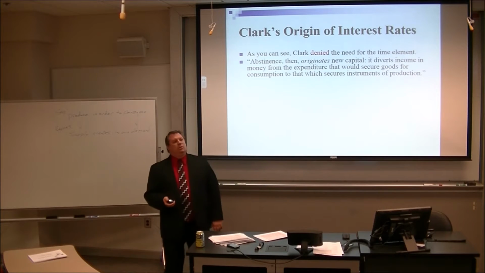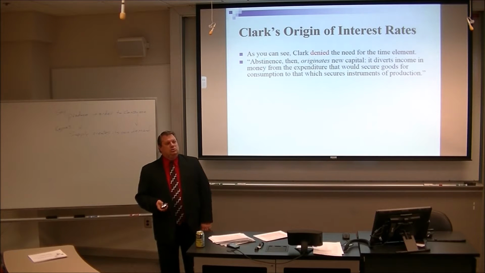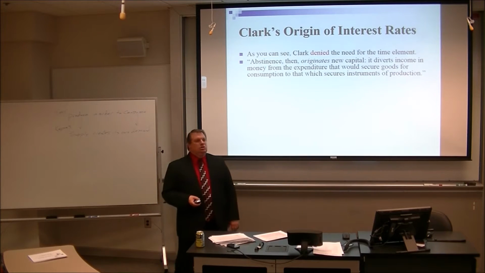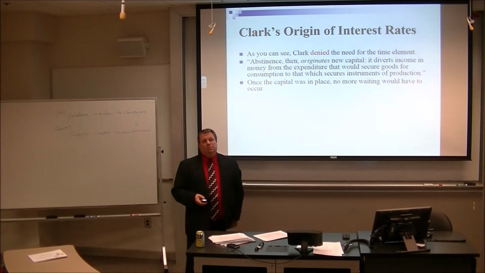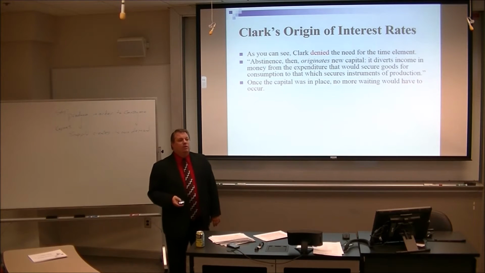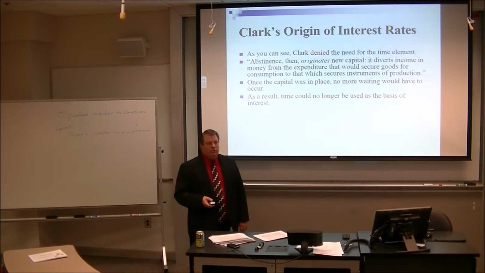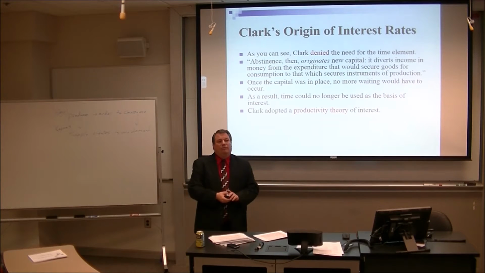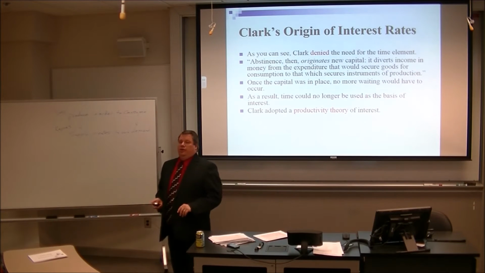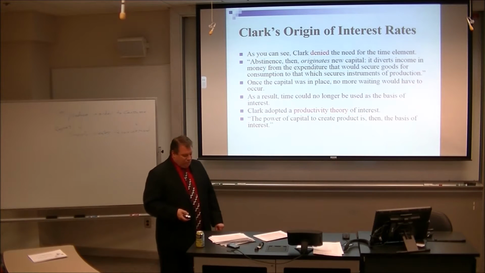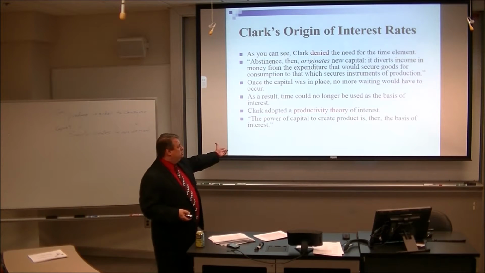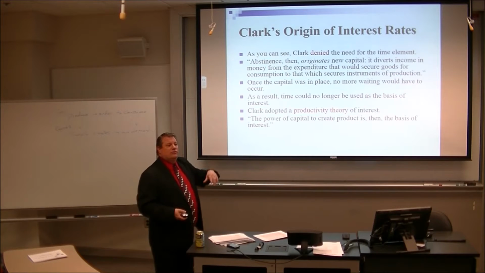It diverts income in money from the expenditure that would secure goods for consumption to that which secures instruments of production. Once the capital is in place, though, no more waiting would have to occur. As a result, time could no longer be used as the basis of interest. So Clark then adopts a productivity theory of interest. And he says this: the power of capital to create product is the basis of interest.